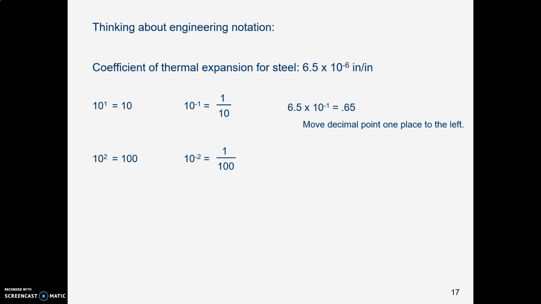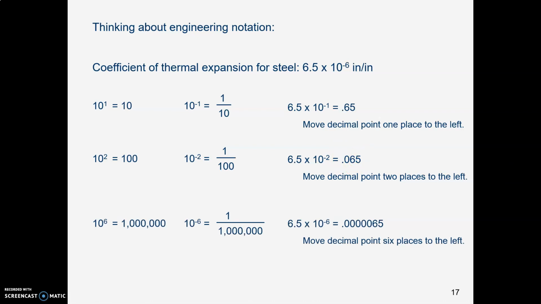10 to the minus 2 is 1 over 100. So if you had 6.5 times 10 to the minus 2, you would move the decimal point 2 places to the left. And see that number? That's what we got there. If you have the coefficient that we're working on, 10 to the minus 6, 10 to the sixth is 1,000,000. 10 to the minus 6 is 1 over 1,000,000.